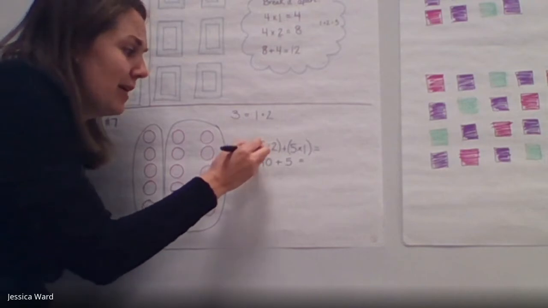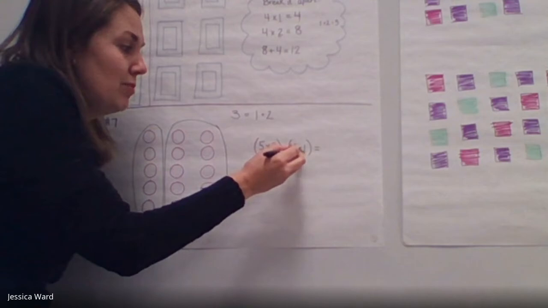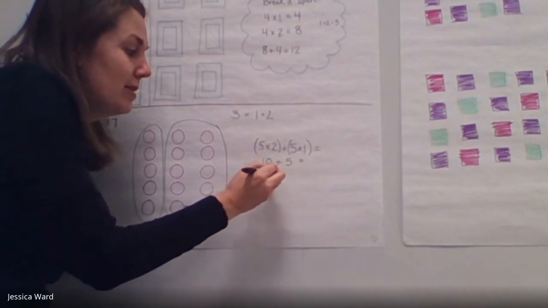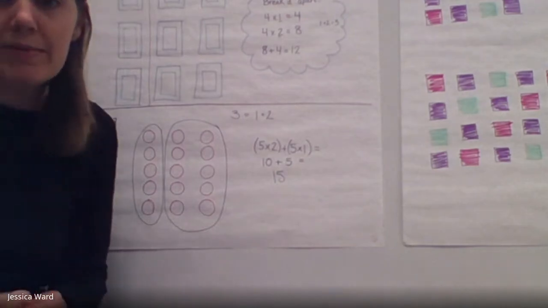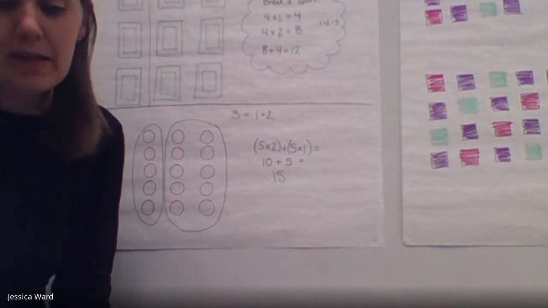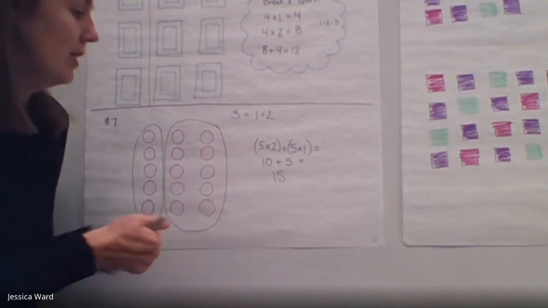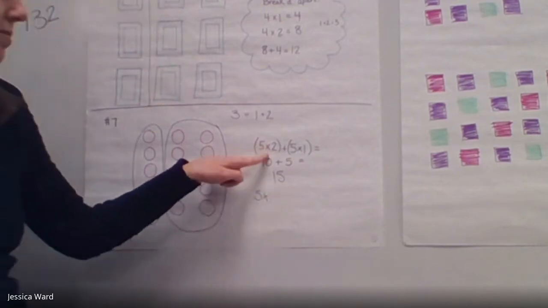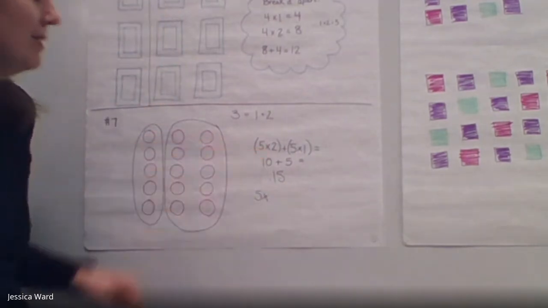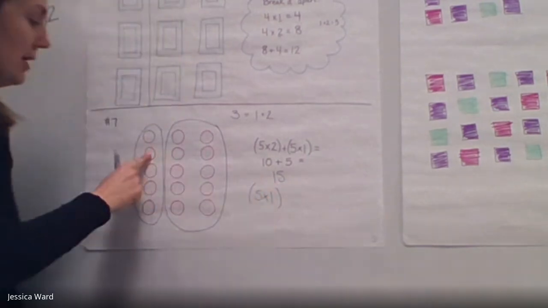So in this case, 5 times 2 is going to give me 10. 5 times 1 is going to give me 5. So my answer when I add them is going to be 15. 3 times 5 is 15. So you can show the problem by writing it out. You have 5 multiplied by, I did kind of the opposite here, but 5 times 2 or 5 times 1, that's going to be one part right here.